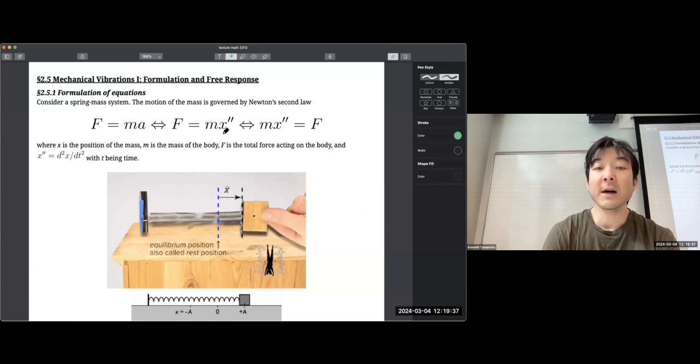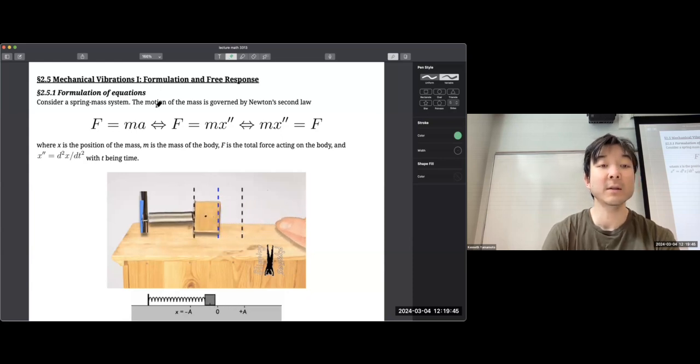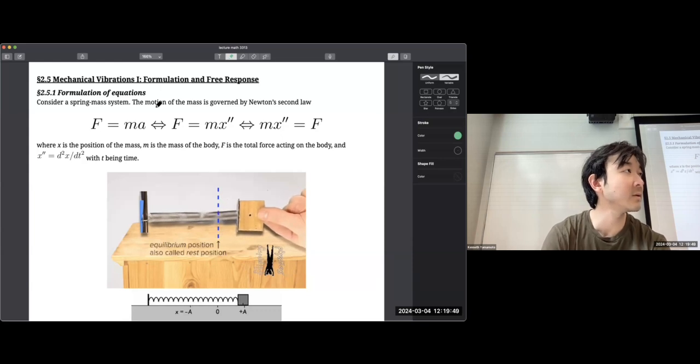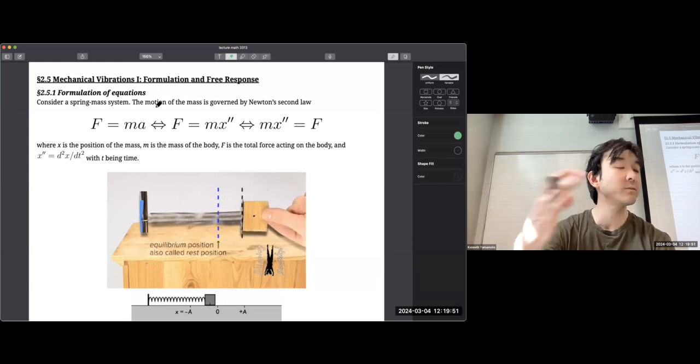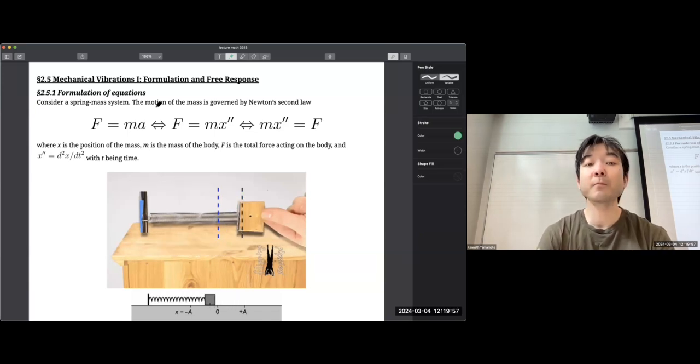So the classic application of second order equations comes from Newton's second law. F equals ma describes the motion of a bunch of objects, anything from planets to rockets. Any object that's in motion is generally described by force equals ma.